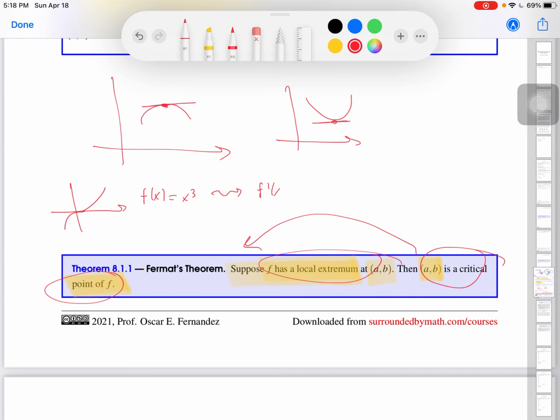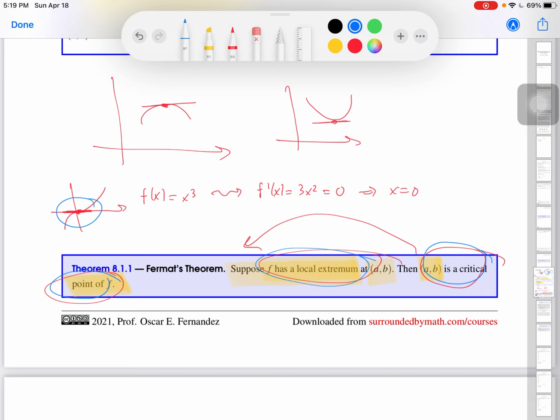If I take the derivative of this function, I get 3x squared. I set it equal to 0, solve for x, and I get x equals 0. So at x equals 0, the function has a critical point. Its derivative is 0. However, as you can see here, it is neither a local maximum nor a local minimum. So just because you have a critical point somewhere does not mean you have a local extremum there.